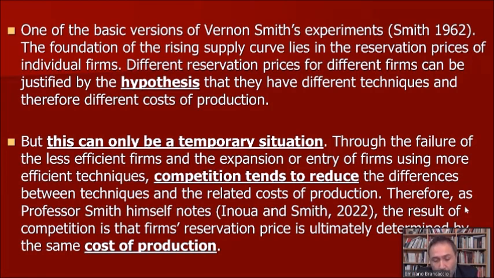Through the failure of the less efficient firms and the expansion or entry of firms using more efficient techniques, competition tends to reduce the differences between techniques and the related costs of production. Therefore, as Professor Smith himself notes, the result of competition is that firms' reservation price is ultimately determined by the same cost of production.